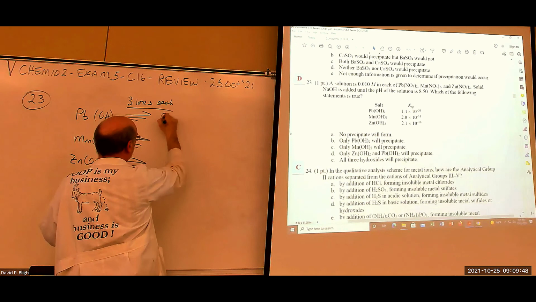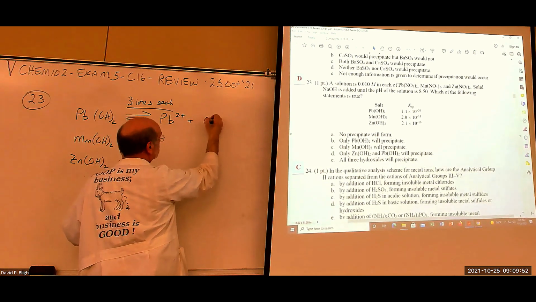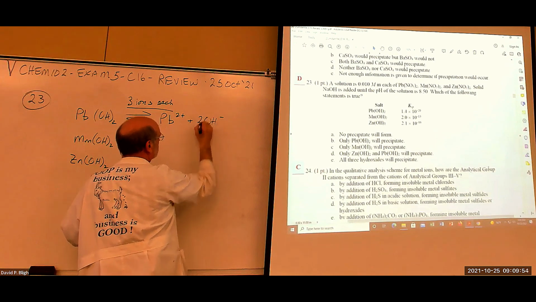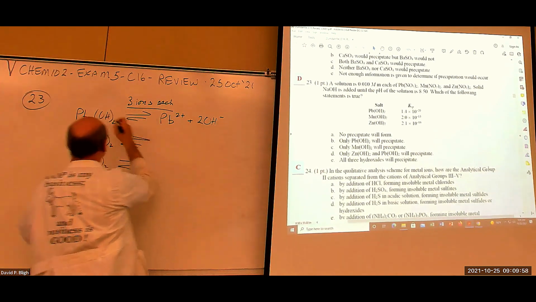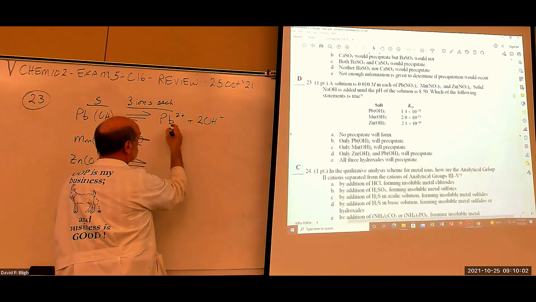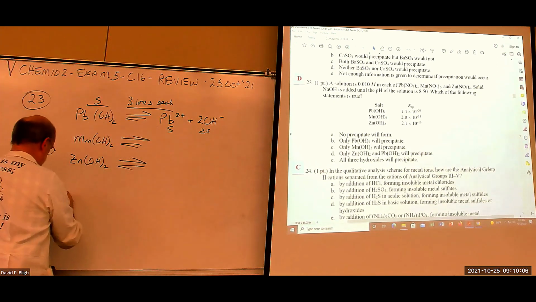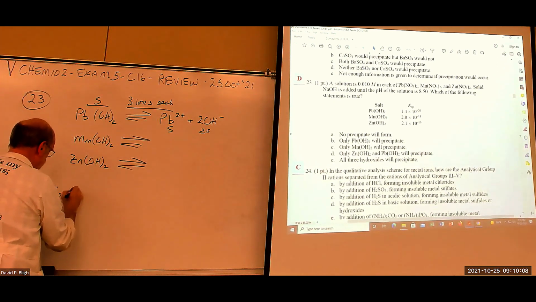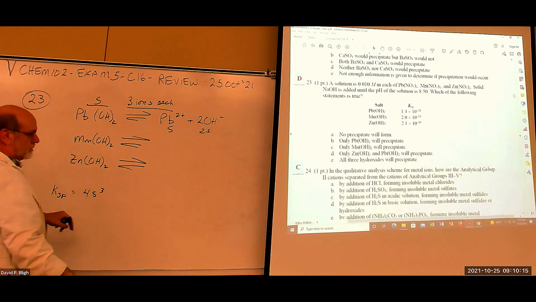And if we just write one of them out, then we can get an idea. So the solubility, and S is the solubility for each one of these, then the term is going to be S here, 2S here, and the KSP for each one is going to be 4S cubed.